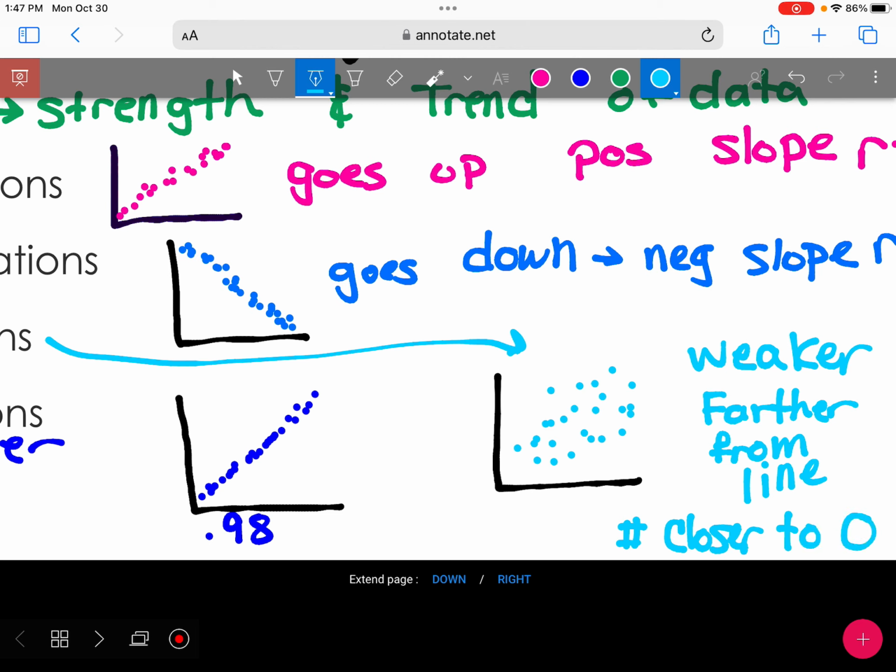Again, if we think of it as its percent close, this would probably be 0.25. This is only 25% close if we have a line of best fit that looks like that. It's only 25% close to that line, because I can definitely see the line there. It's just not great.